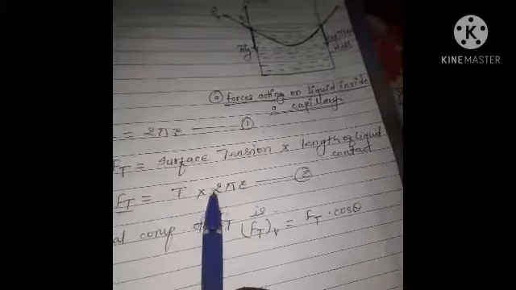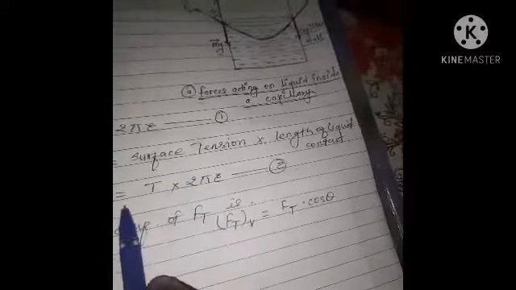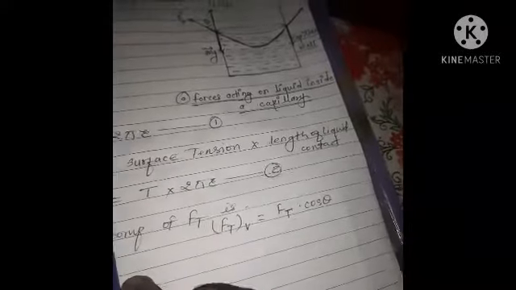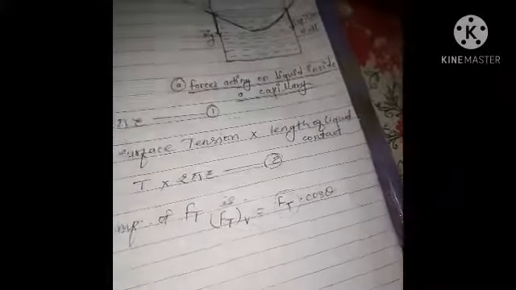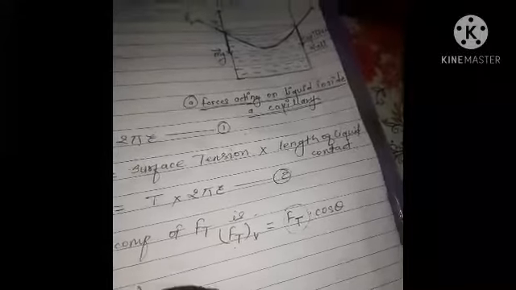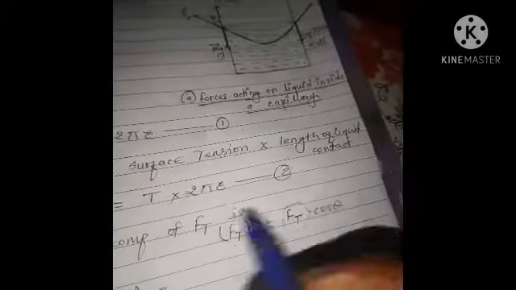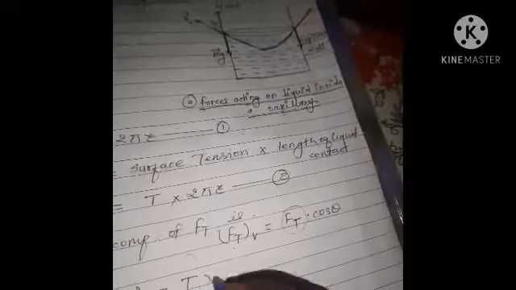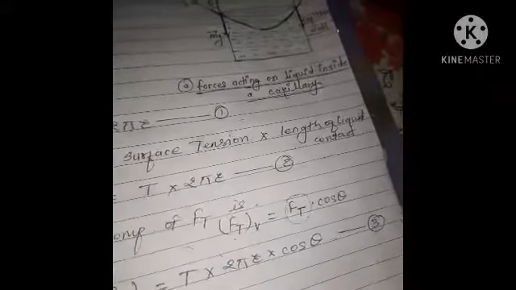Now from equation 2 we will put the value of Ft. Therefore we get Ft V is equal to Ft, means capital T into 2 pi r into cos theta. Suppose equation number 3.